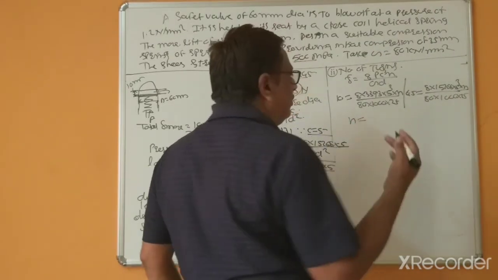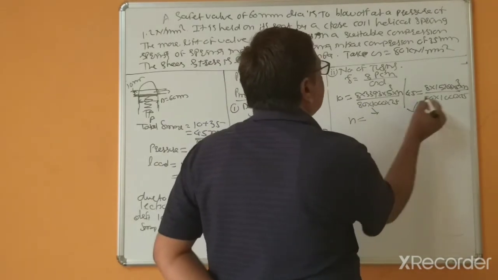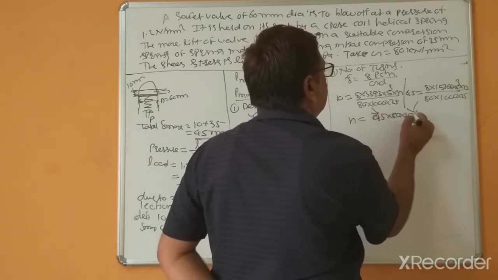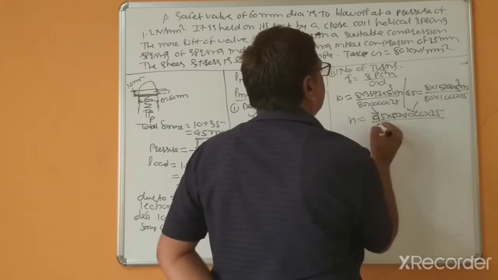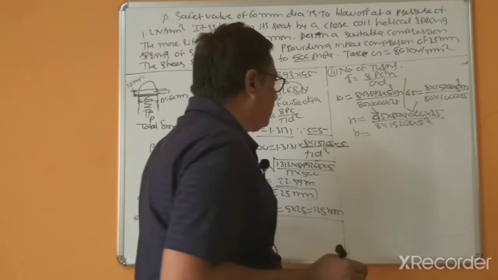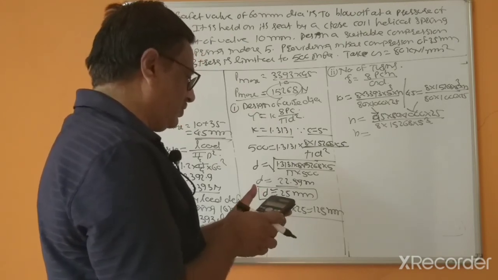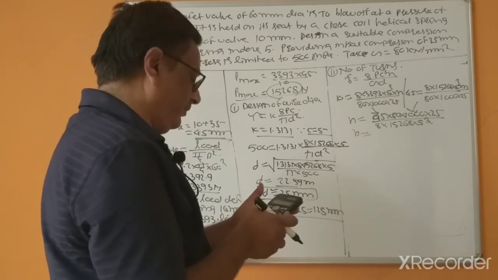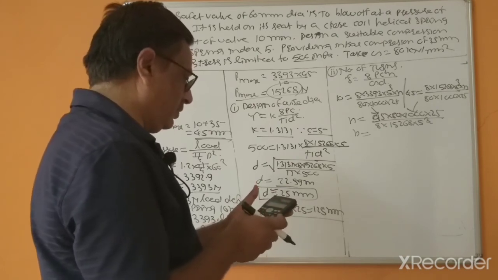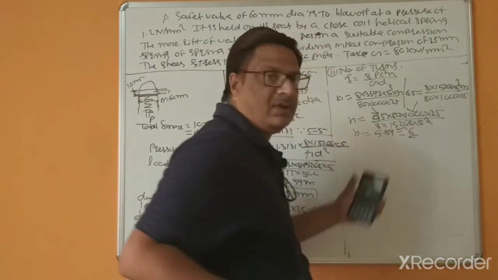Now you can use either relation and you will get the same number of turns. n equals 45 multiplied by 80 multiplied by 1000 multiplied by 25 divided by 8 divided by 15,268 divided by 5 cubed. So the number of active turns equals 5.89, which is 6 active turns.